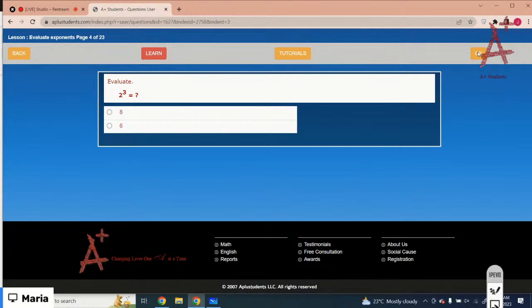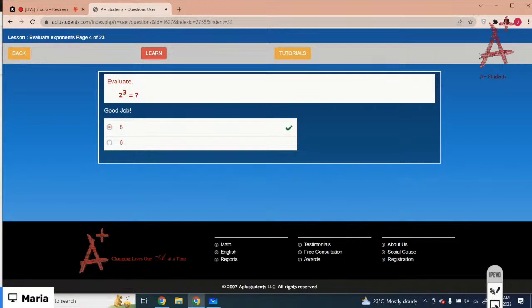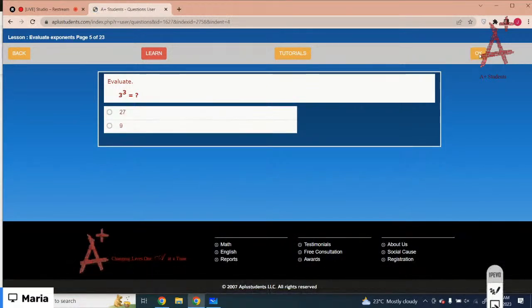Okay, evaluate 2 exponent 3. So 2 exponent 3 means you have to do 2 times 2 times 2. So which is the correct option? 2 times 2 is 4 and 4 times 2 is, yes, that would be 8. Okay, the next one is evaluate 3 exponent 3. 3 exponent 3 means you have to do 3 times 3 times 3.